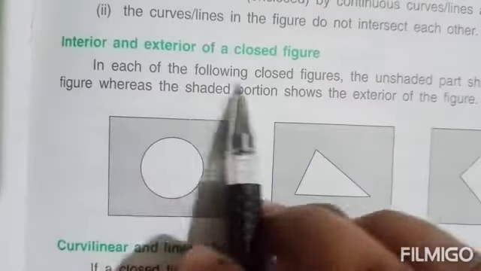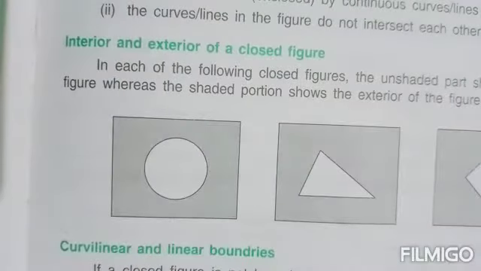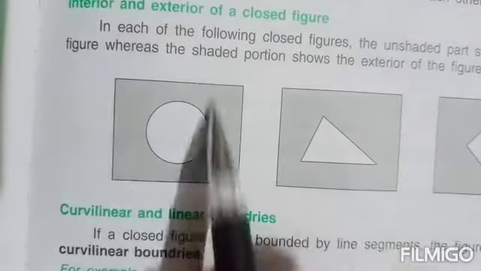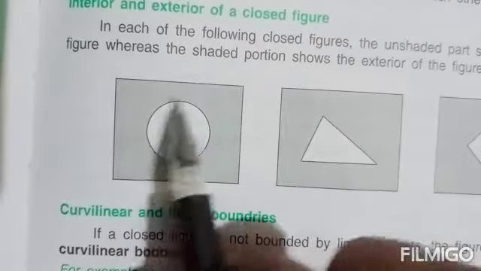Okay. Now interior and exterior of a closed figure. So in this figure you can see this is a plane. Okay, the shaded region actually is a plane and in that there is a circle.